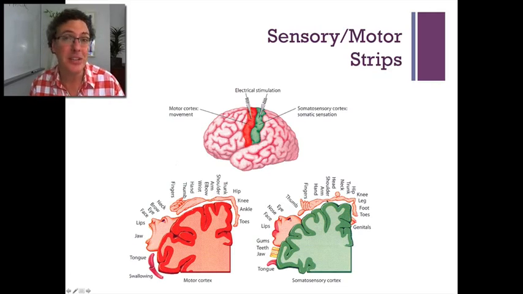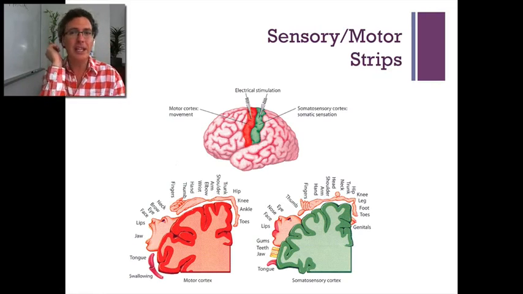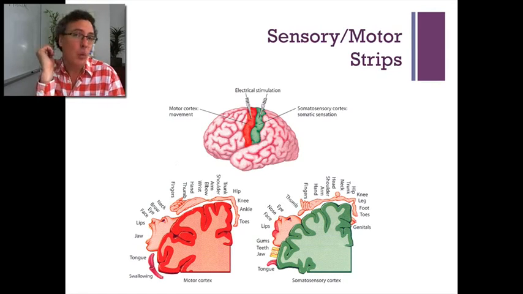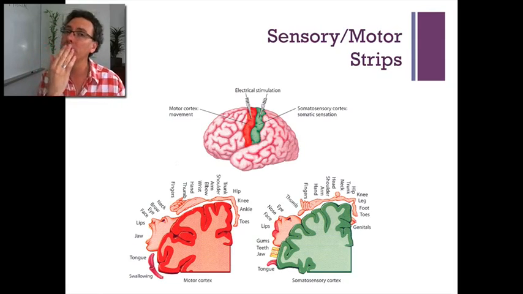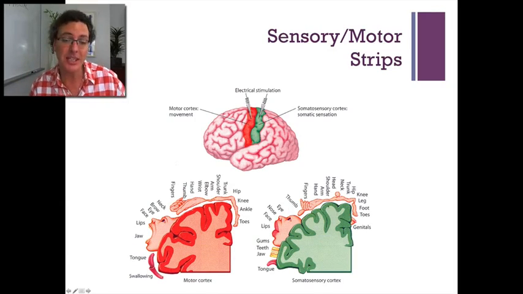And you know, that makes sense when you think of it, because what do we do with our elbows? We sit on them, we put a lot of weight on them. And so we don't really want pain, we don't really want sensitivity in the elbows, but we want sensitivity in the lips, we want it in the hands, etc. And so you see that the amount of cortical tissue reflects how important that body part is for sensory input.